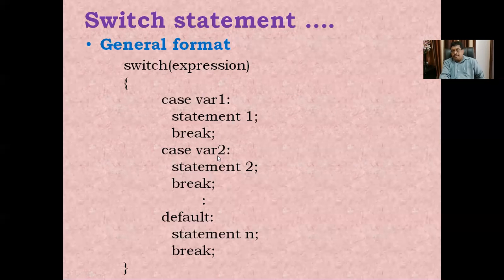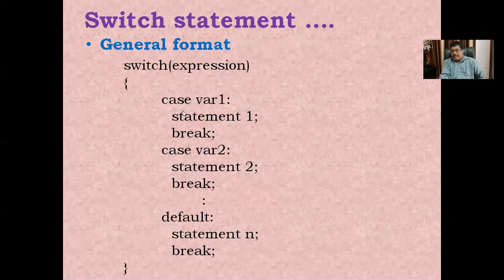If the value is 2, it executes this statement. Like this, you can specify as many branches as you want. If none is satisfied, it comes to the default and executes this group of statements.